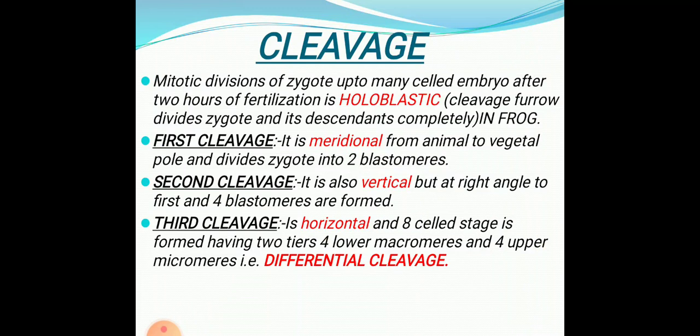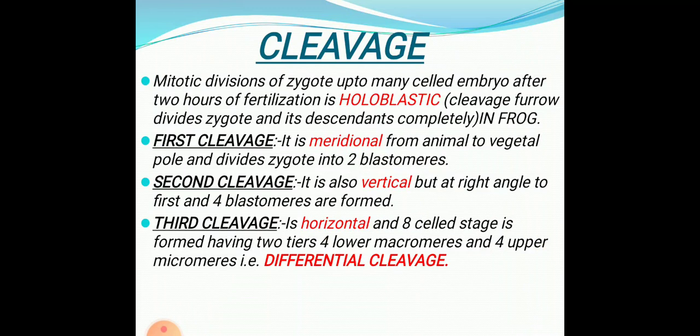Here in the frog, the entire egg divides, and hence the cleavage is called holoblastic cleavage, because the complete egg divides. Next, the blastomeres are dissimilar in size, and so the cleavage is unequal.